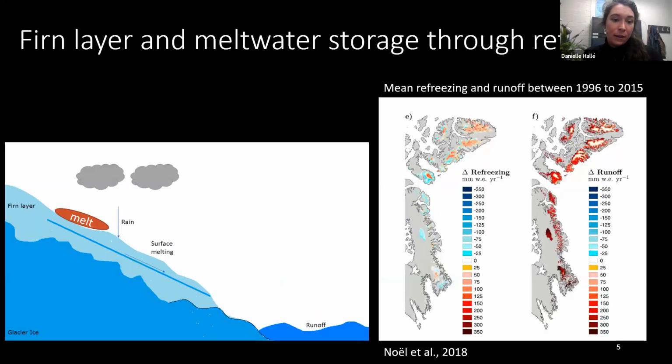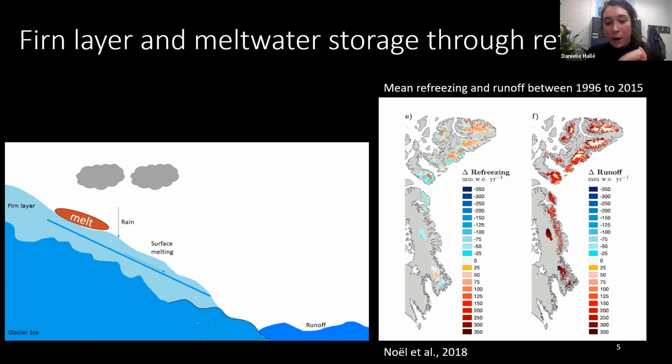And in years of extreme melt or higher melt events, when refreezing occurs and thicker ice layers accumulate in the firn layer, this can make it more difficult for future meltwater to be stored within the firn layer.